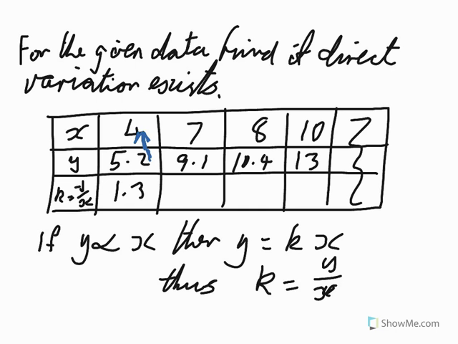Okay, so now if this is direct variation, then we should end up with 1.3 for all of those. So we just need to check that.